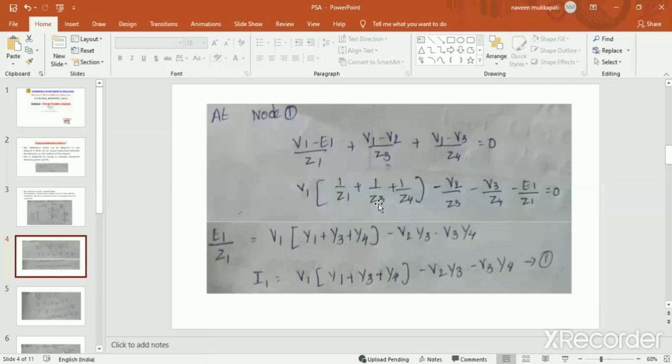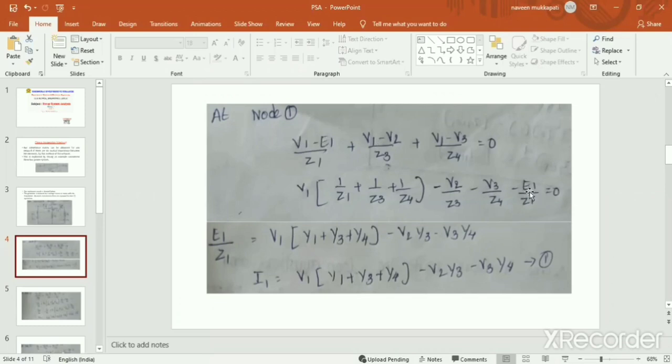Simplify this equation, then collect the V1 term, V2 term, V3 term and E1 term. First, V1 common: V1 into (1 by Z1 plus 1 by Z3 plus 1 by Z4), minus V2 by Z3, minus V3 by Z4, minus E1 by Z1 is equal to 0.